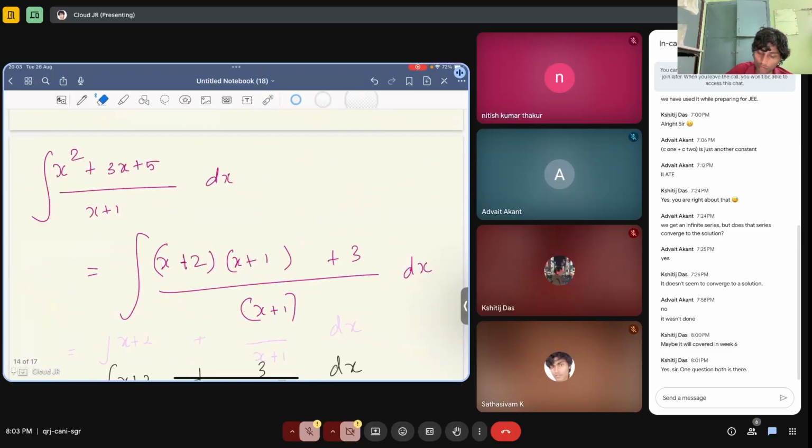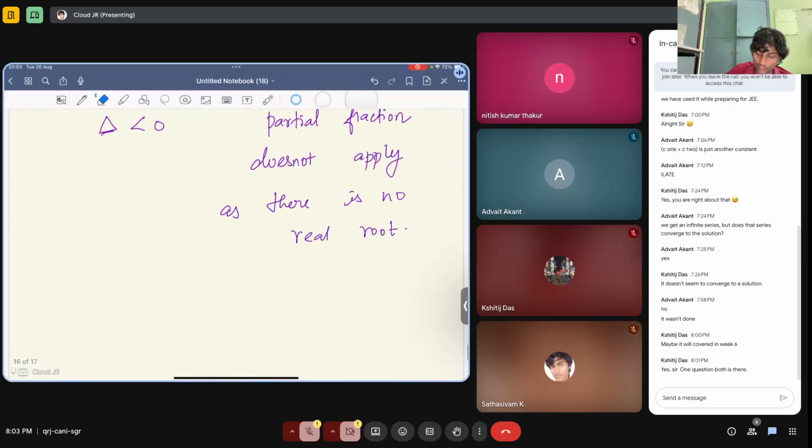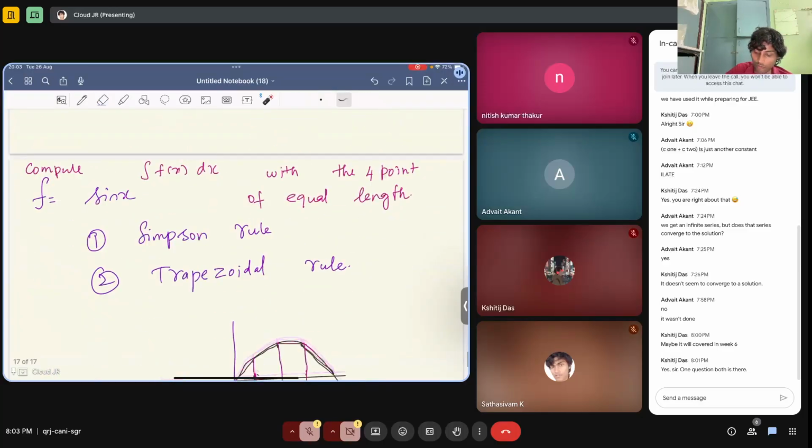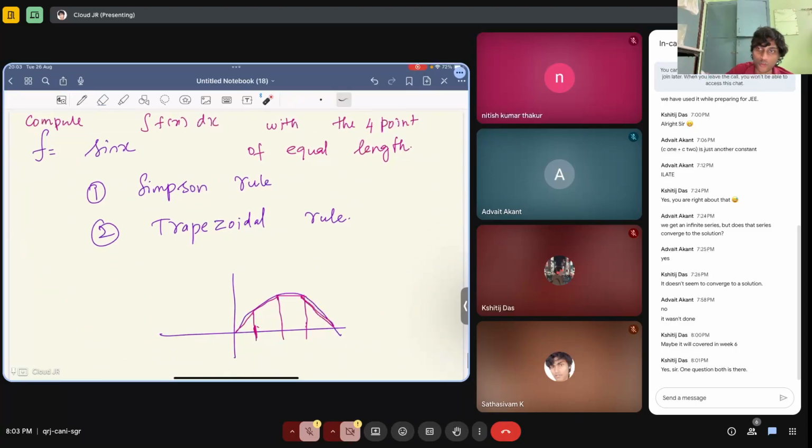But there are problems which you cannot integrate, because to integrate means you have to find the antiderivative, right? In general, finding the antiderivative is not easy. So let's not find the antiderivative, but let's use the first fundamental theorem of calculus. Integral is nothing but the area, right?